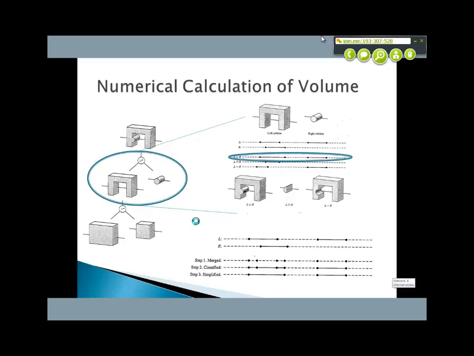If you look at the top image, you'll find that they fired a ray through that first U-shaped object or N-shaped object, and they indicated where it intersected and where it didn't intersect.